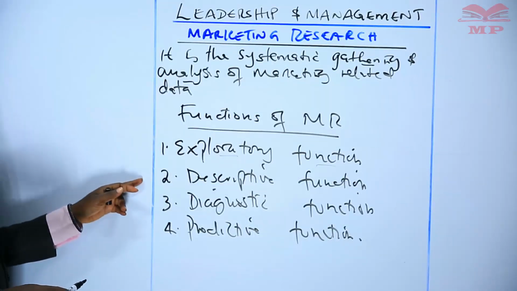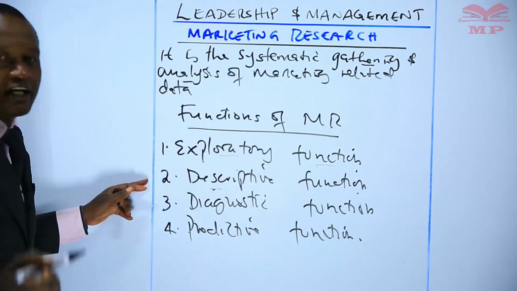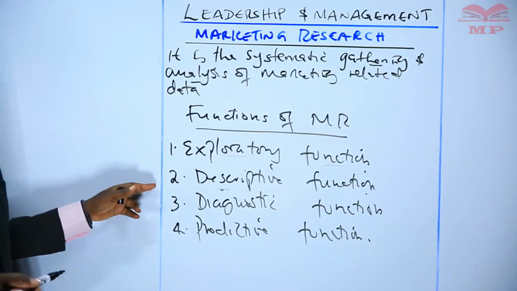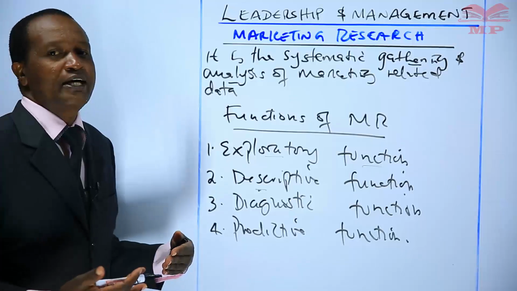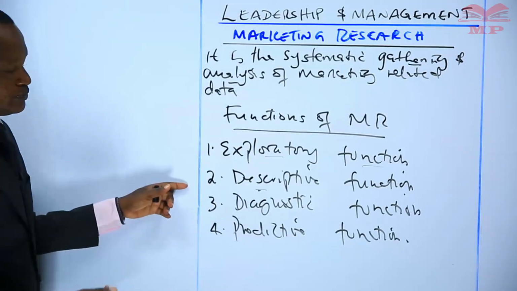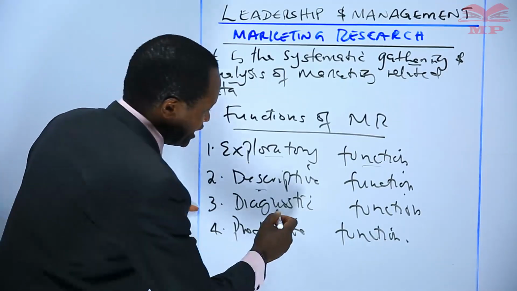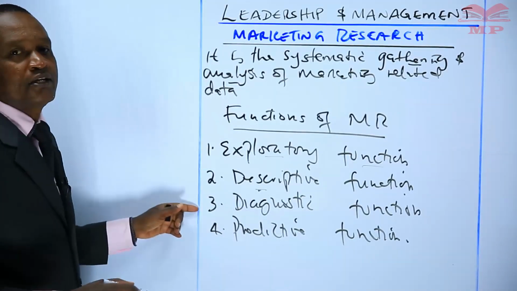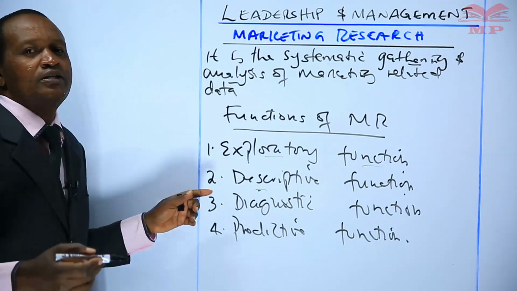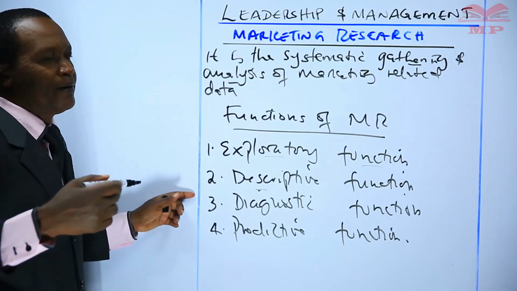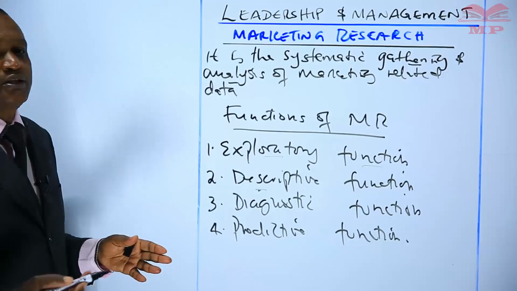The second function is the descriptive function. Descriptive function refers to the gathering and presentation of information about a marketing phenomenon or situation. The third function is the diagnostic function. The diagnostic function of marketing research is particularly helpful in several situations.